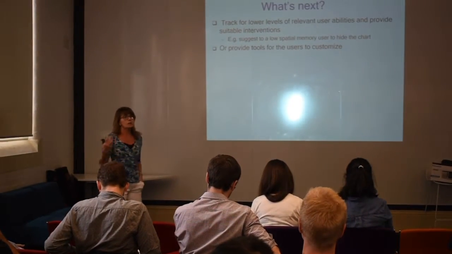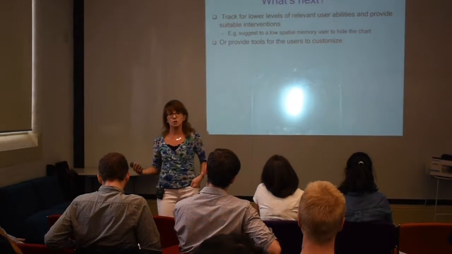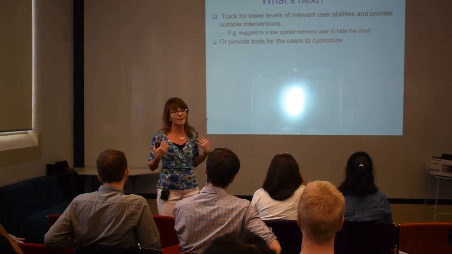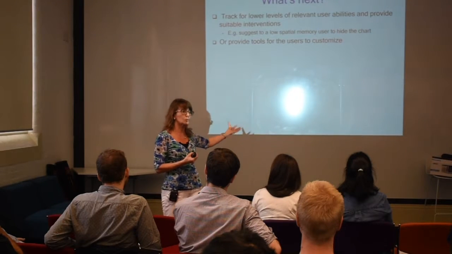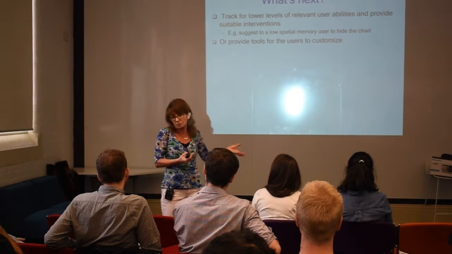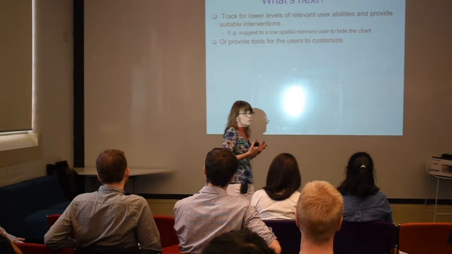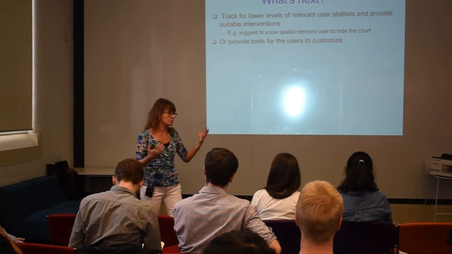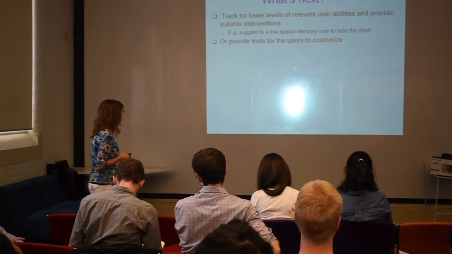Or one could always say, well, all this talk about user-adaptive personalization, where is the machine doing things for the user? Couldn't we just make it so that users can customize by themselves? For instance, we could just provide tools to allow them to hide the visualizations when they don't like them, okay? There's a lot of talk in HCI about empowering the user and just providing tools to customize the information and the details, how they interface, how they like.